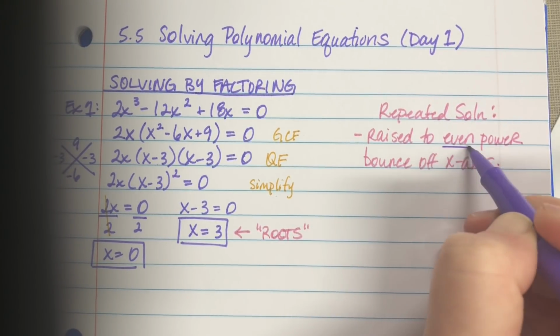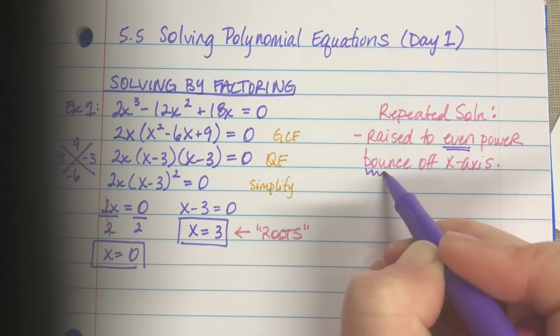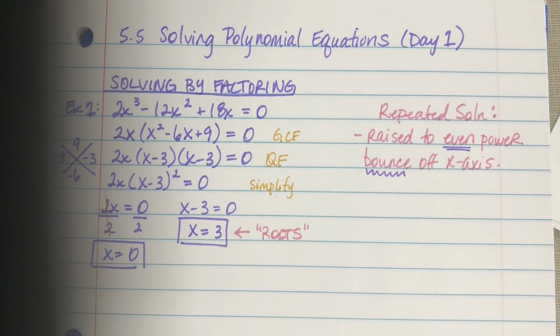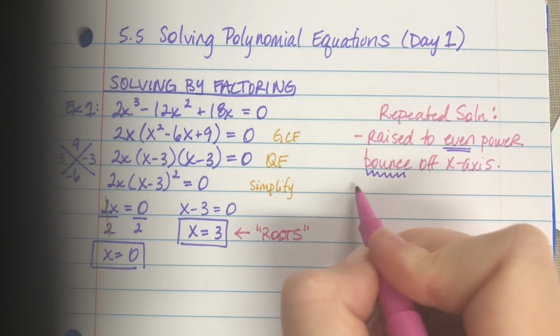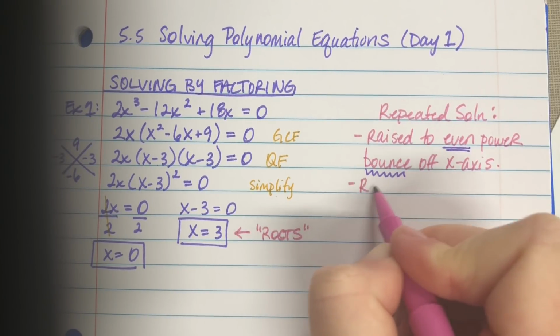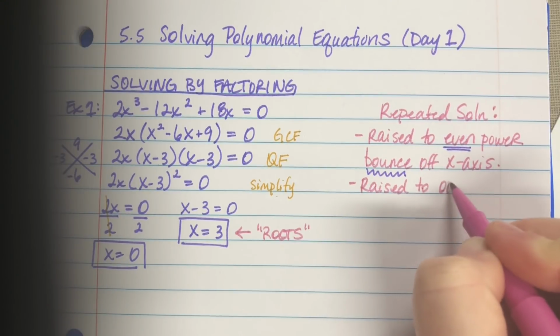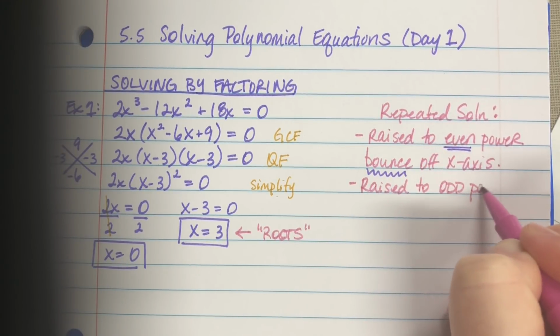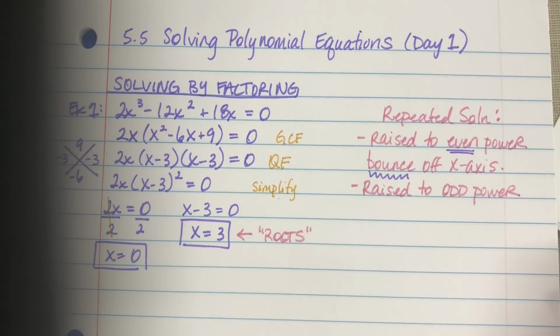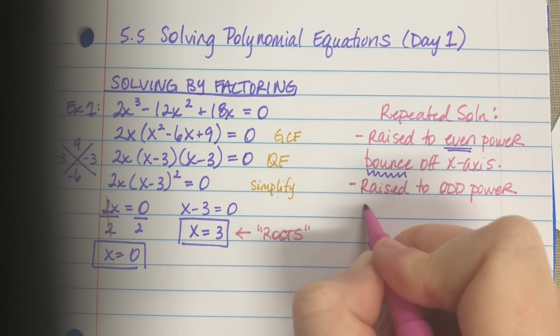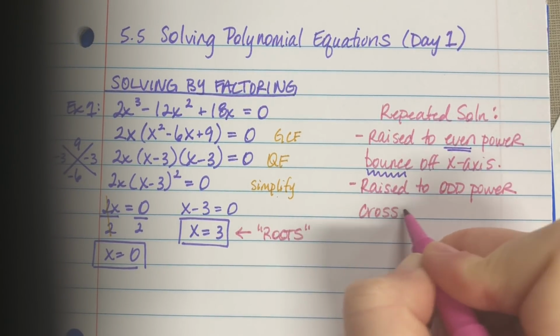So again, raised to an even power, it's going to bounce. If your factor is raised to an odd power, when you graph it, it'll cross the x-axis.